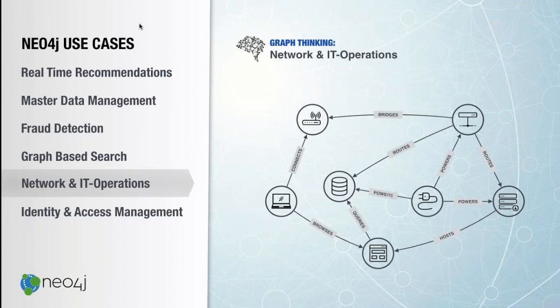Another very obvious use case for Neo4j is just mirroring the complexity of networks, of physical computer networks, linking servers and routers and bridges, and all the other things you find.